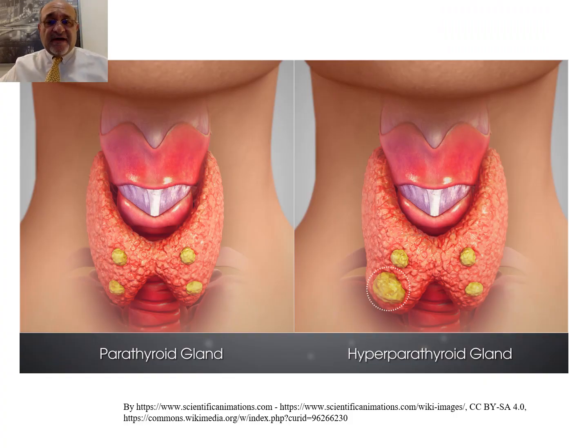Now this is a diagram of the normal, the one on the left. You can see that they are normal in size as described earlier. On the other side, we have an adenoma, a tumor or hyperplasia of the gland with a subsequent increase in the parathyroid hormone.